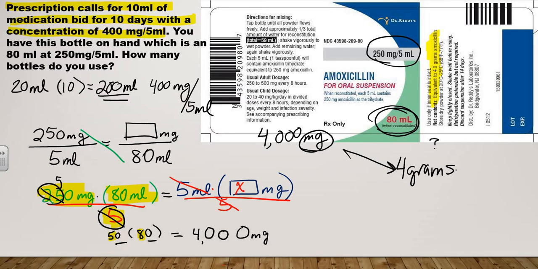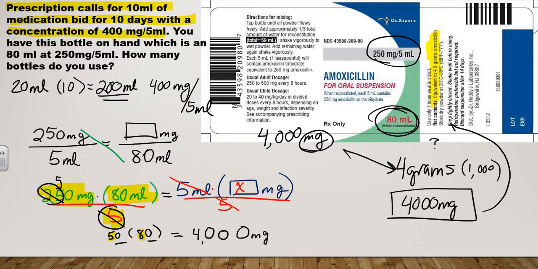So grams to milligrams, you simply take 4 grams and you times by 1,000 and you get 4,000 milligrams. Okay, so I know in this bottle there's 4,000 milligrams. Now I told you right here, but I wanted you to see the math so that you're comfortable with it. Okay? Next question.